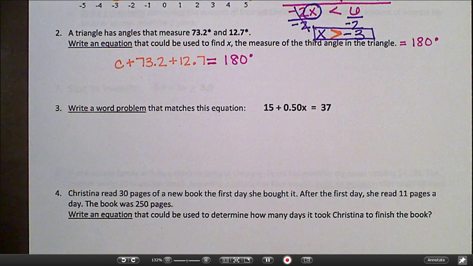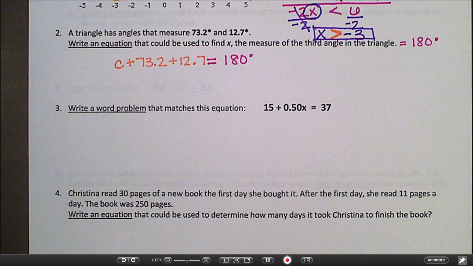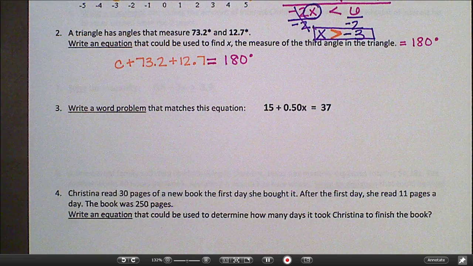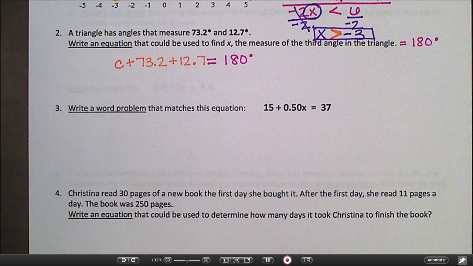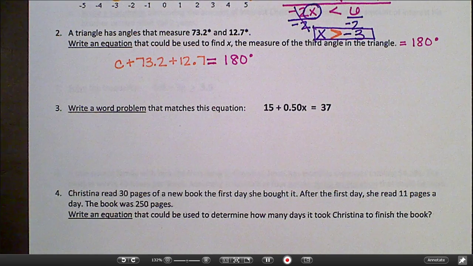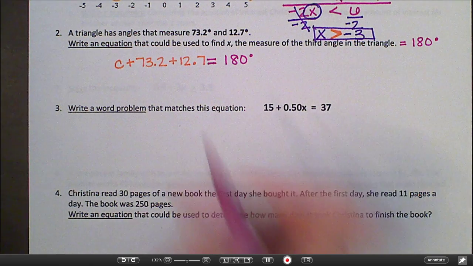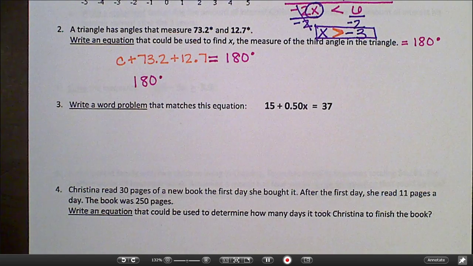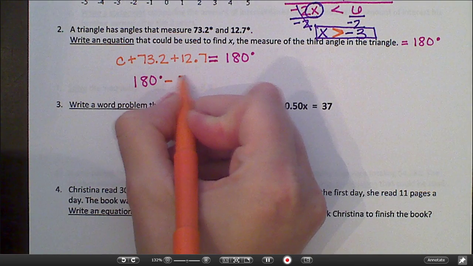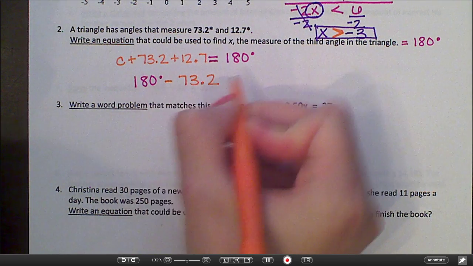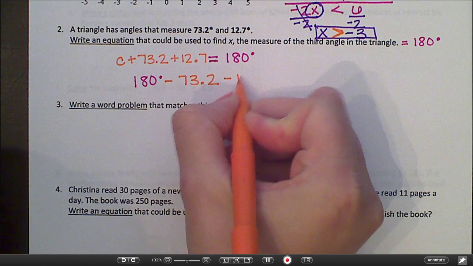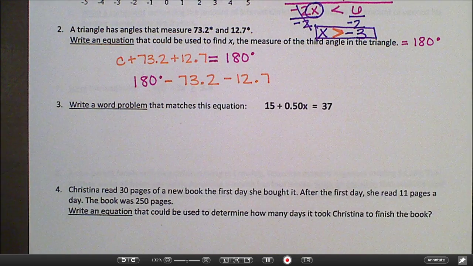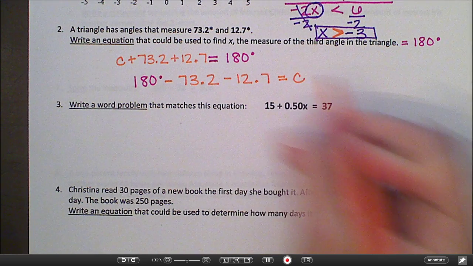Now, whenever you're writing equations, you have to be kind of open and flexible because sometimes your answer choice may be written in a slightly different format. So you might see something like this, 180 degrees, and then start subtracting the two angles that we have, and then that would equal our third angle.